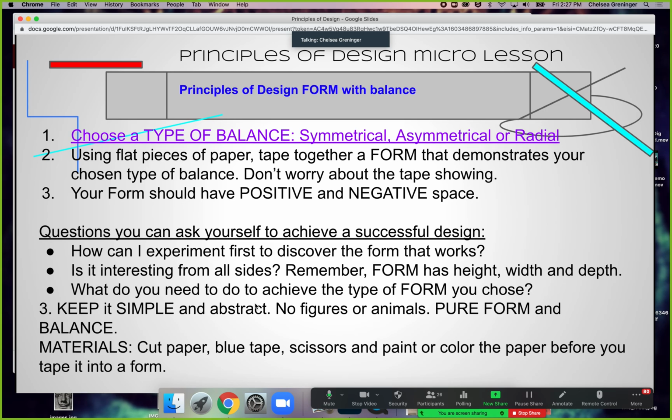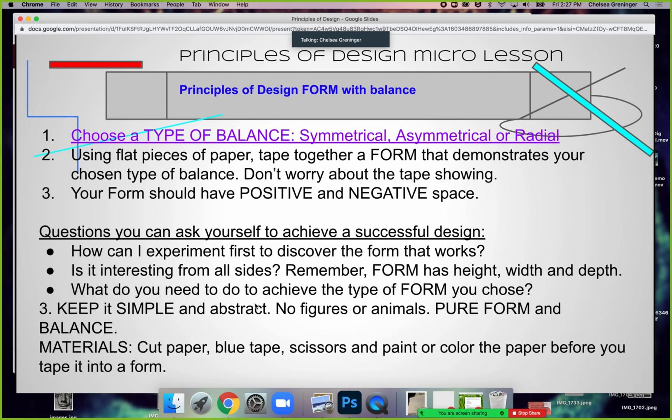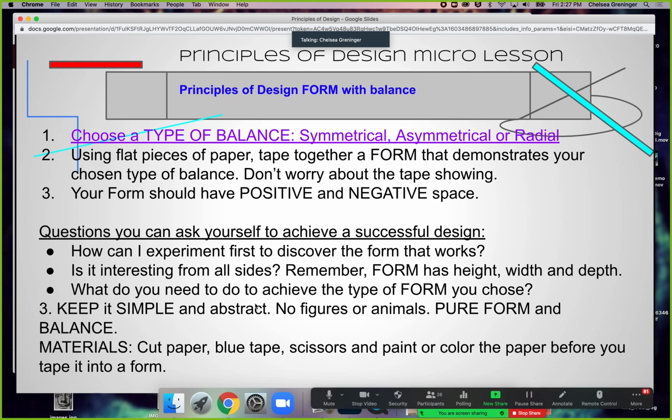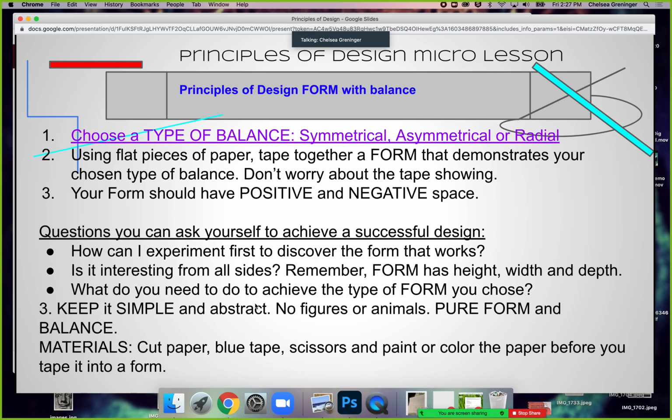I'd like you to use a flat piece of paper and tape together a form that demonstrates your type of balance. So don't worry about how good it looks in terms of whether you cut into it or you ripped it or whatever. I want you to just take one piece of paper or a couple pieces of paper and tape. And I want you to rip your paper, roll your paper, crinkle it up, open it back up again.